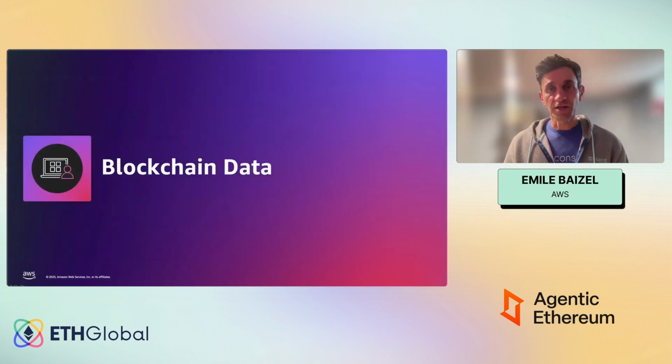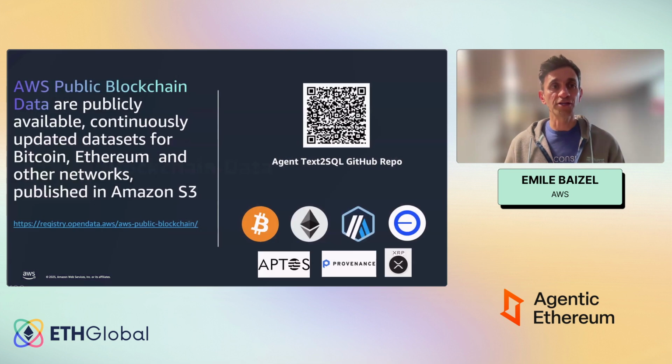The last thing I want to touch on, not related to generative AI, but because it's an Ethereum hackathon, a blockchain hackathon, I want to share our public blockchain data. This is free data. It's available on AWS public data sets. And it's a continuously updated set of data across 7 blockchain networks.